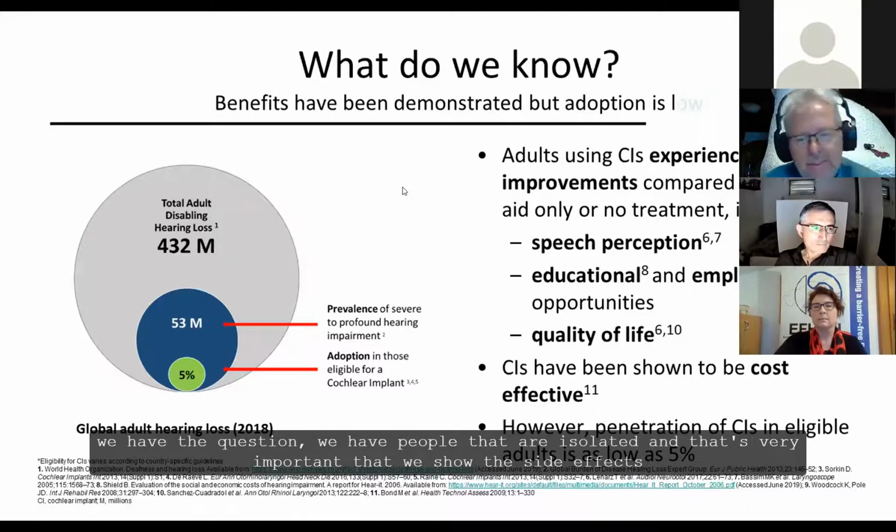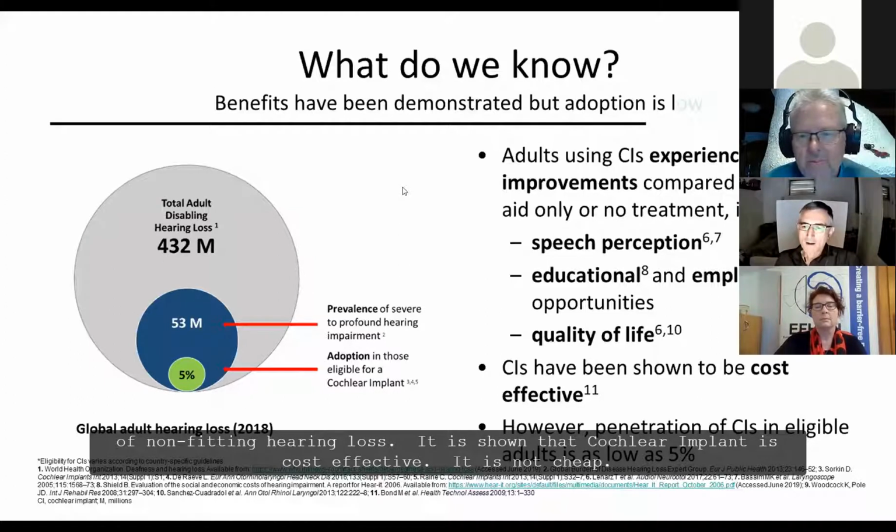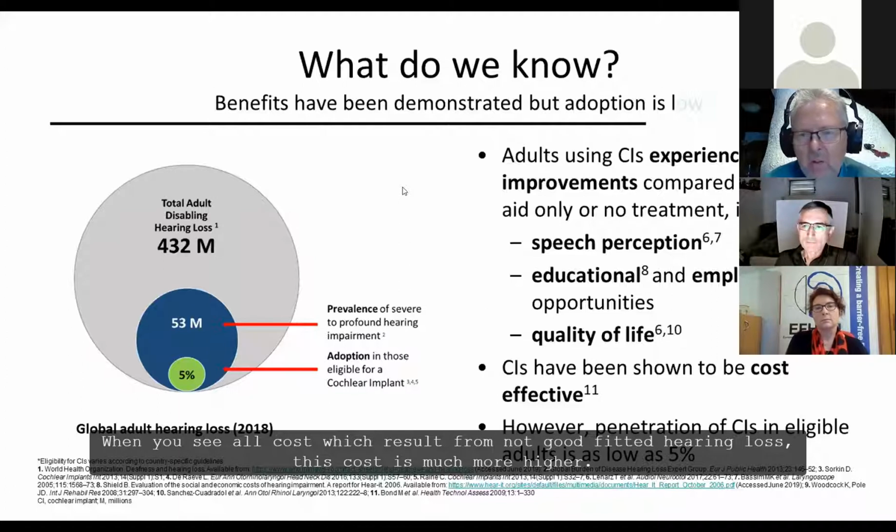It's very important that we show these side effects of non-fitted hearing loss. It has been shown that cochlear implant is cost effective. It is not cheap, but when you see all the costs which result from poorly fitted hearing loss, then these costs are much higher.